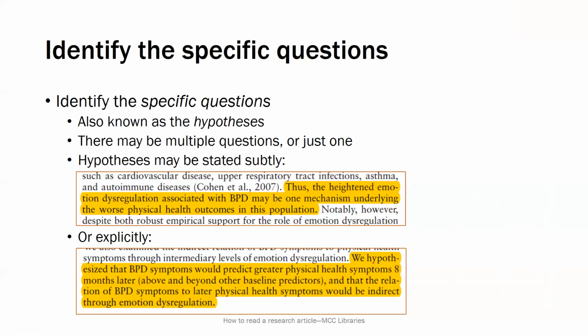Sometimes they'll even break it out into a separate paragraph and it will be labeled hypothesis or purpose, something like that. In the article that we're using, they are saying that borderline personality disorder predicts that there are going to be physical health symptoms later on in those individuals. So that's what they are actually going to test in their research.